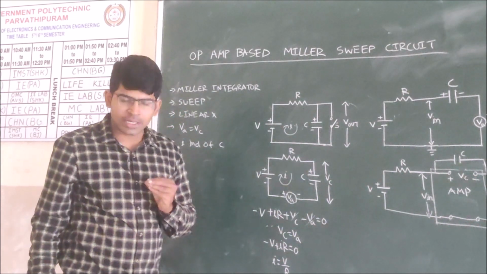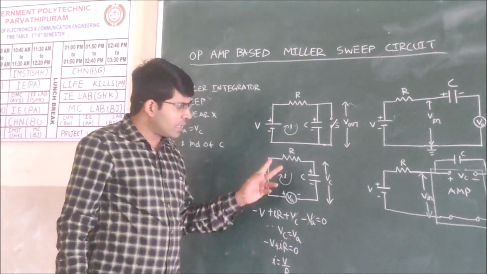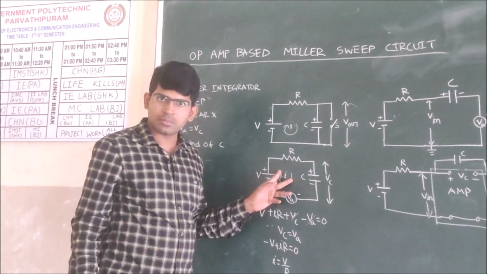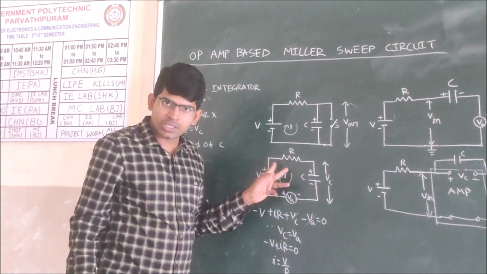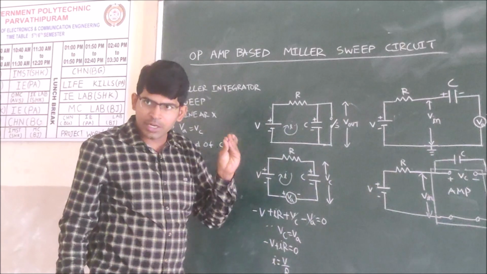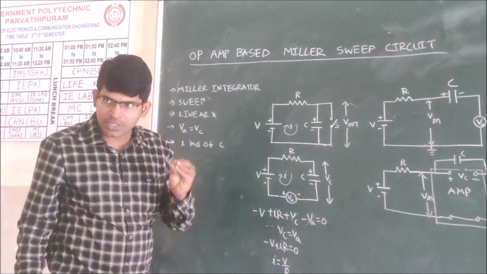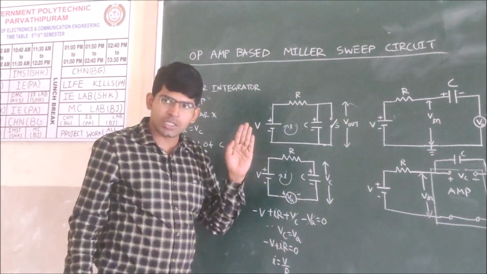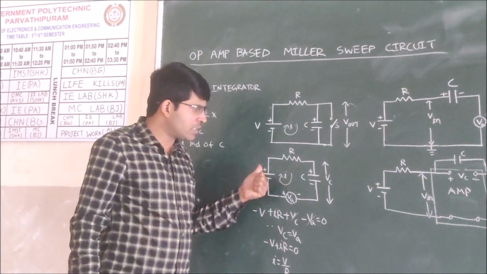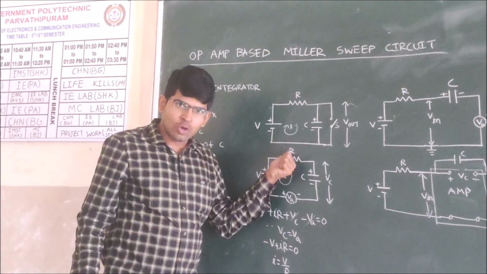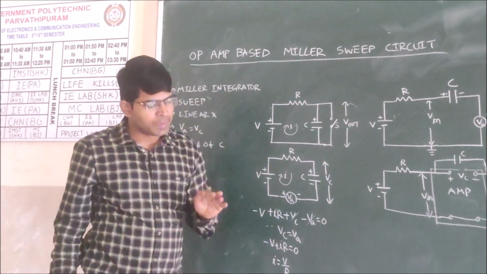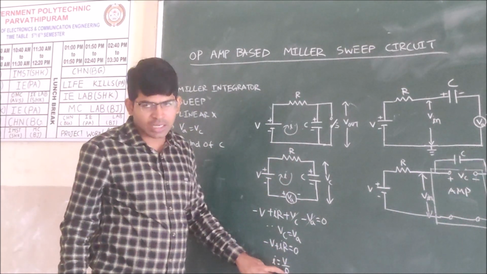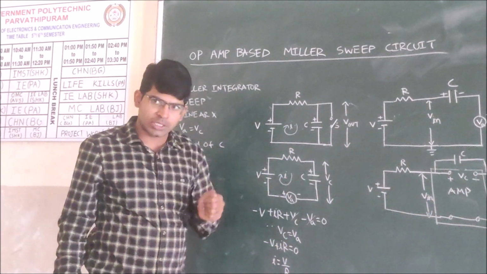This indicates that the current in this mesh, the current in this circuit, is independent of the capacitor value. The current in this circuit depends only on voltage and resistance. Both these are constant. When voltage and resistance are constant, I is also constant.